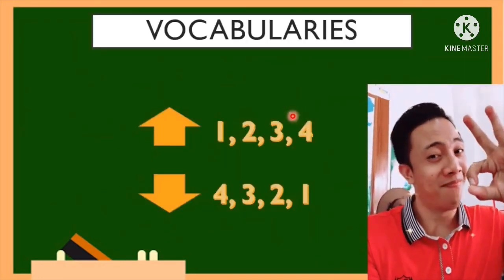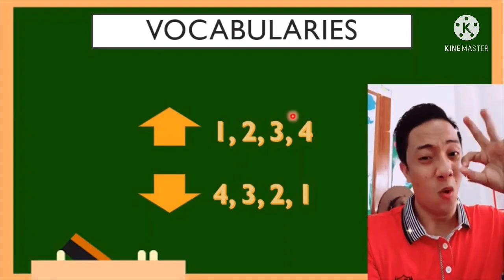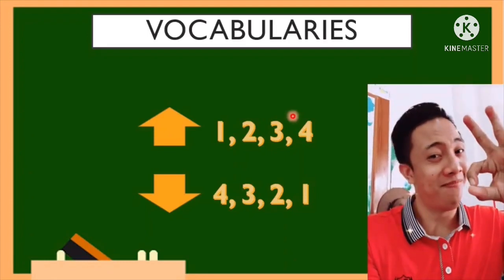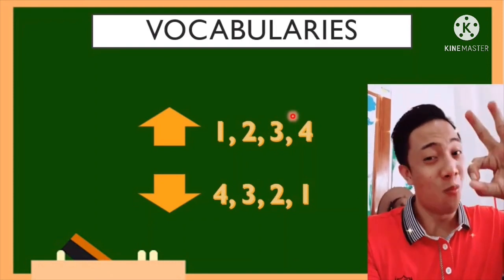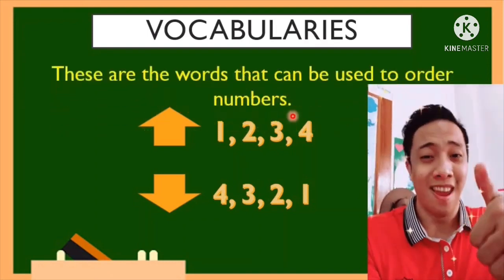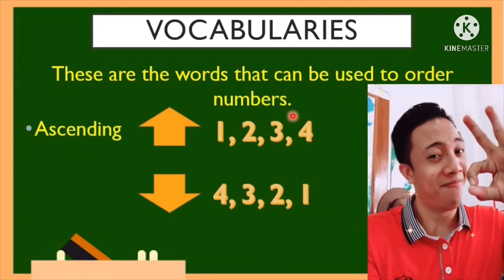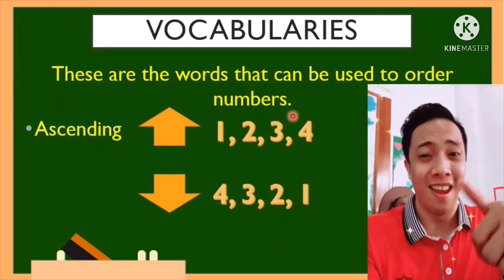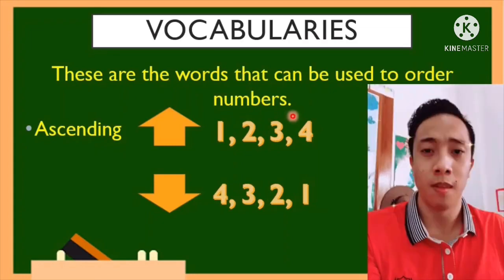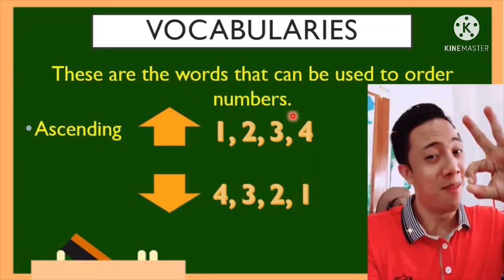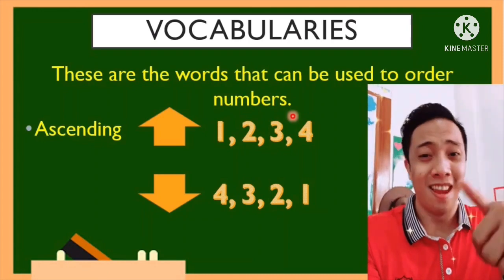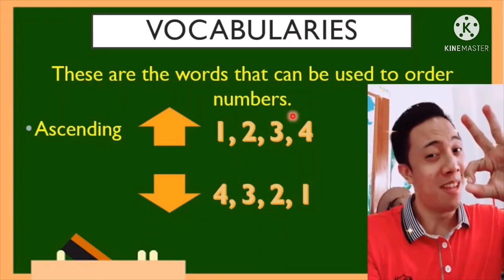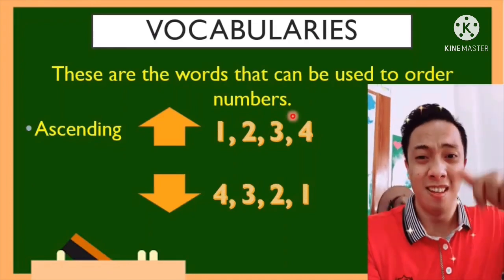These are some vocabularies that we need to know first before we can move on to our main discussion. So we have these two. First one is what we call ascending. Repeat after me, alright? Ascending. Ascending. Good job, alright?